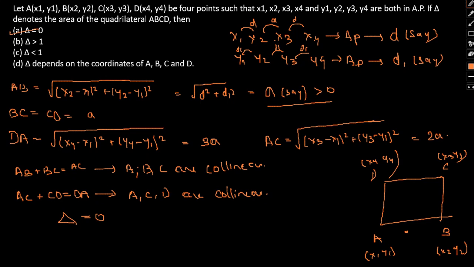Initially we found AB, BC and CD, all of which will be the same, but we'll have a different value for AD. And for the diagonal AC we found the same. Since AB plus BC, with AB being A and BC being A, is equal to AC, twice A, this entire thing will become a straight line.